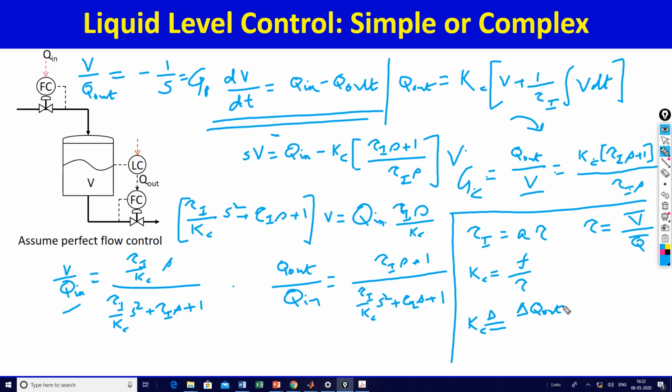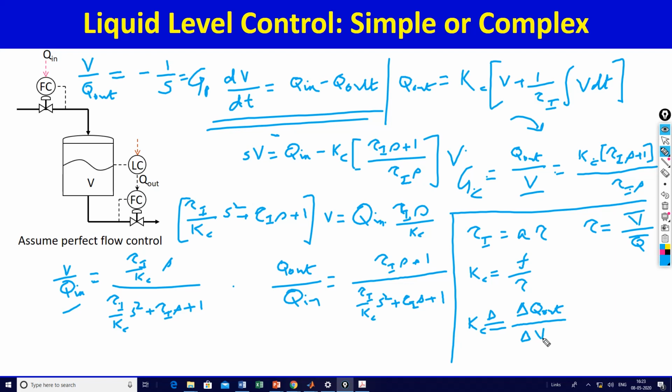Initially you are at steady state, finally you are at a new steady state, the change in the flow divided by the change in the volume. And if the volume changes by 1%, we are saying change the outflow by 2%.